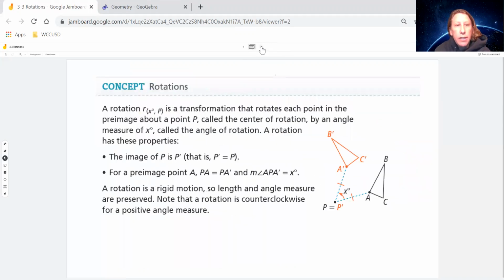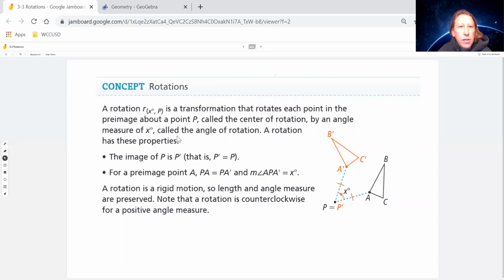In geometry class, this is the definition of rotation. Notice we've already used r for reflection, so we're going to use a lowercase r. And then we have something that looks like a point, but it's not a point. It tells you the degree of rotation, how much to turn it, and it tells you the point about which you're going to turn the object.